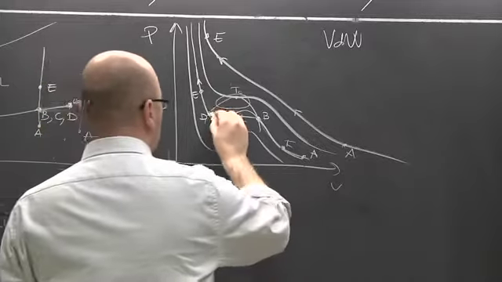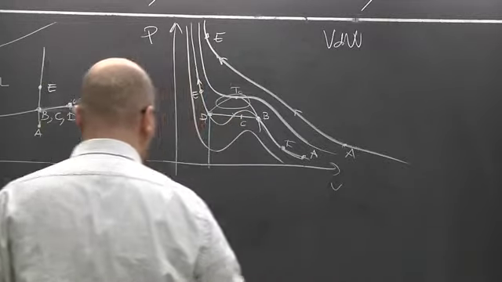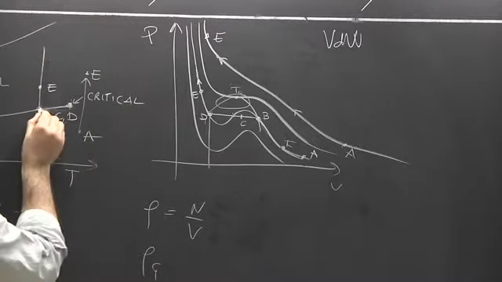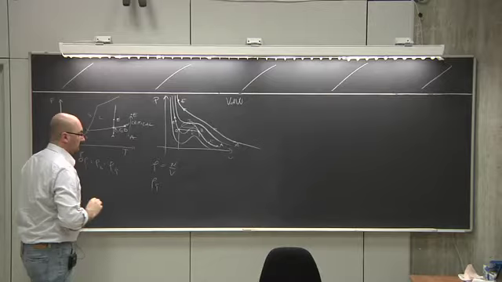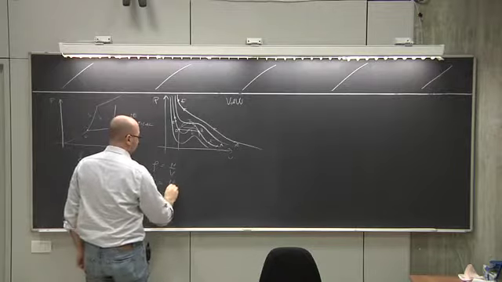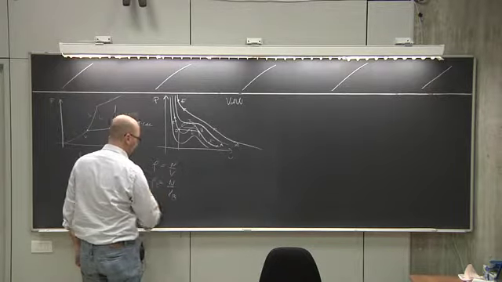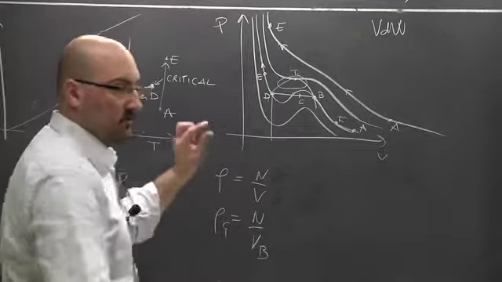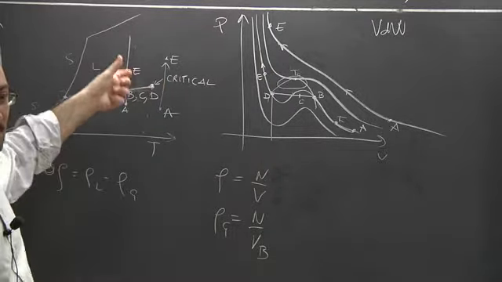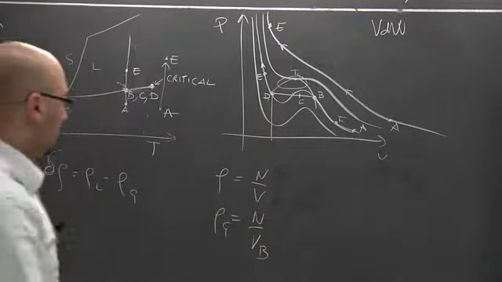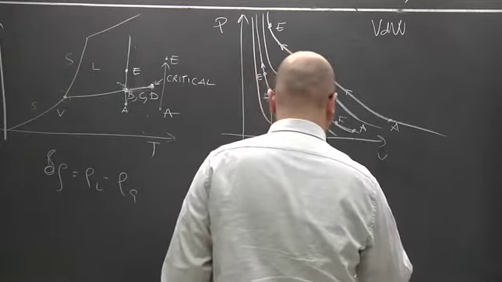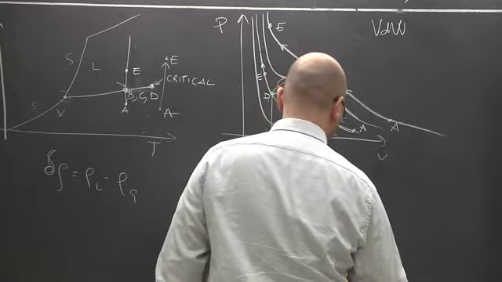Okay. So the density of the gas here is N over VB. The density of liquid here, so on the same point, on the two sides of the line, is N over VD.